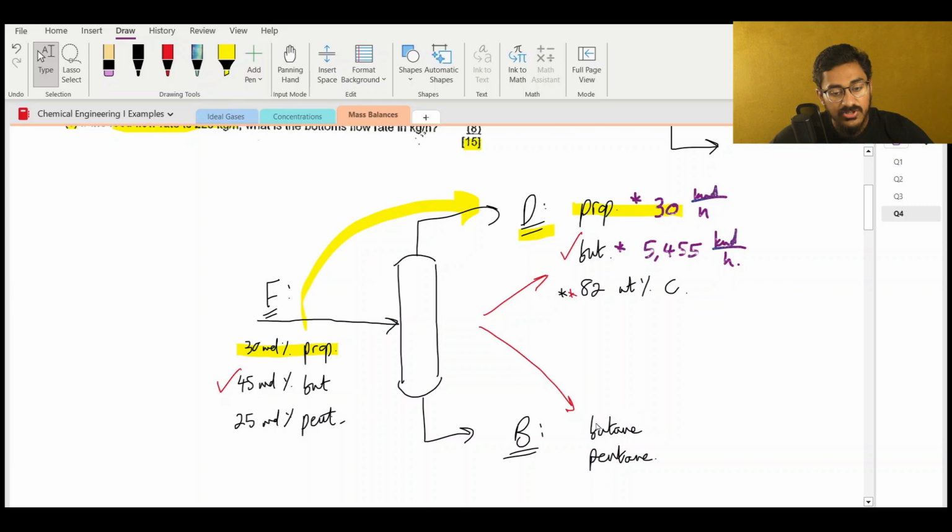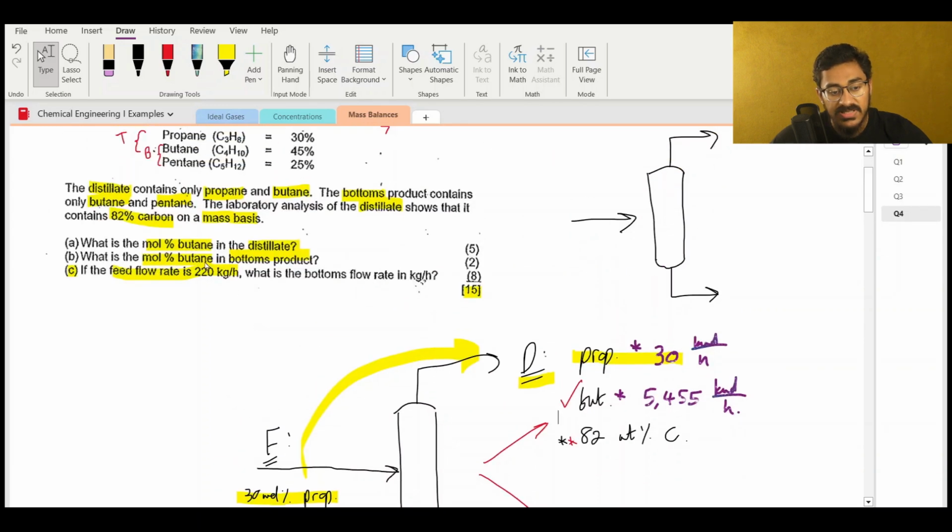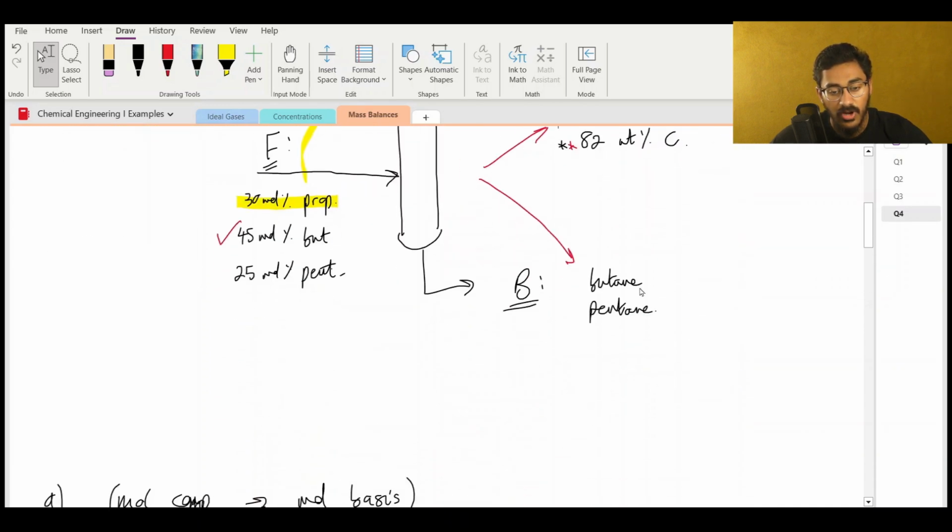And if I know how much butane is in the bottom stream, and I know the composition of the feed stream, do you agree all 25 kilomoles of pentane coming in the feed has to come out as pentane in the bottoms? So once I know the butane and I work out the pentane, I can work out the mole percentage of butane in the bottoms product. And I can work out the entire composition of the bottoms product. So let's go ahead and do that, right?